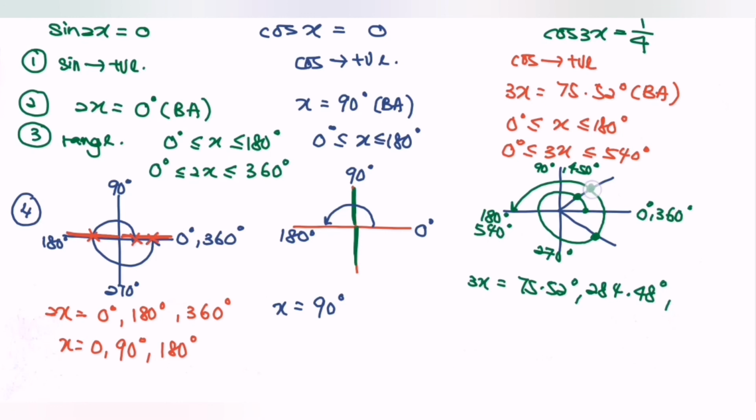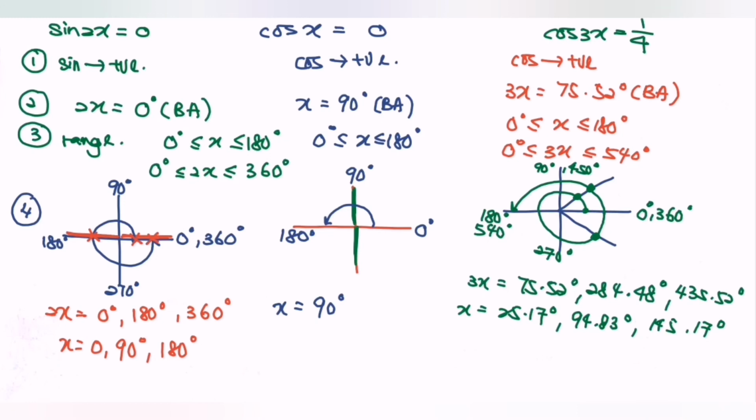Continue, 360 plus 75.52, so we will have 435.52. Simplify the equation, so x will equal 25.17, followed by 94.83 and 145.17.